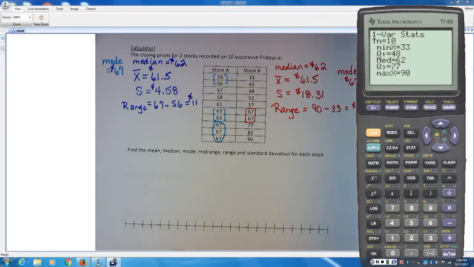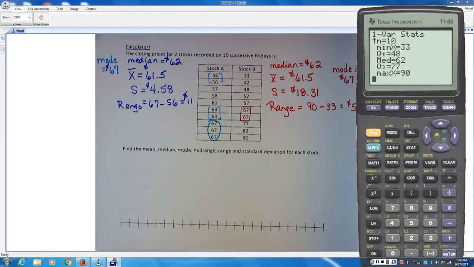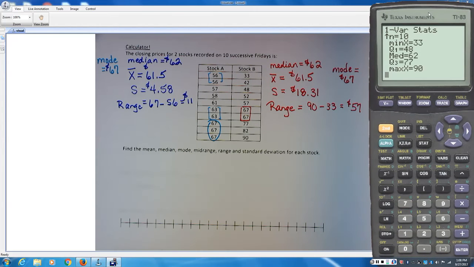Now, if all we look at is the average price, do you see any difference in those two stocks? If all we look at is the measures of center, would you think that there was any difference in stock A and stock B?